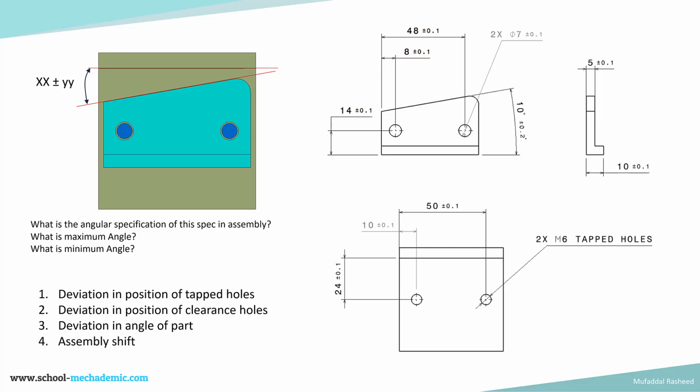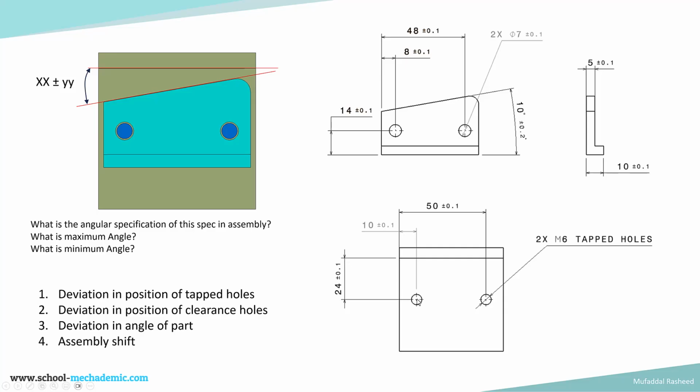So what are the various sources of deviation? The first deviation source is the deviation in the location of the two holes on the base block, which are the tapped holes. That is the deviation in position of the tapped holes based on these specifications. The second source of deviation is the deviation in position of the clearance holes.